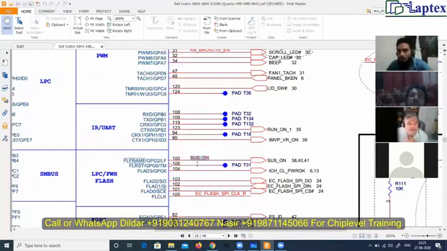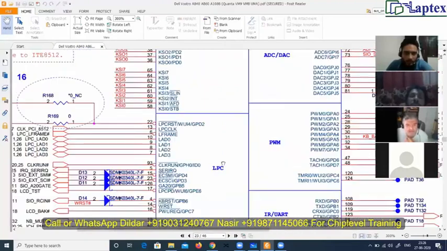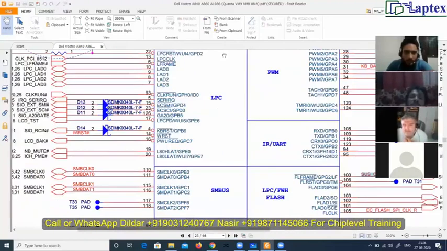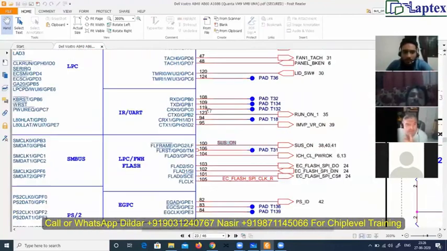And I also remember the pin of the run-on. It was pin number 123. So search pin 123, it was run-on. Where is it? I think it was this, here it is. This 123. It's run-on.